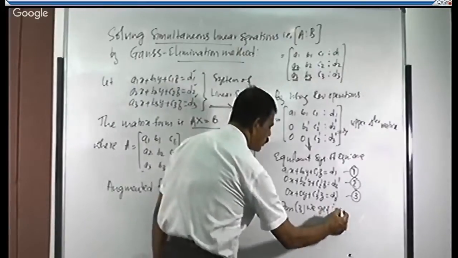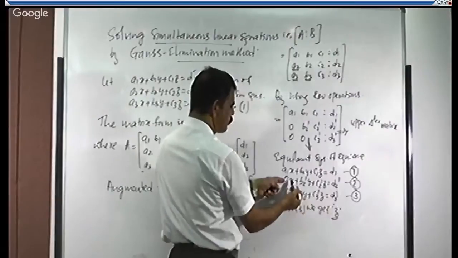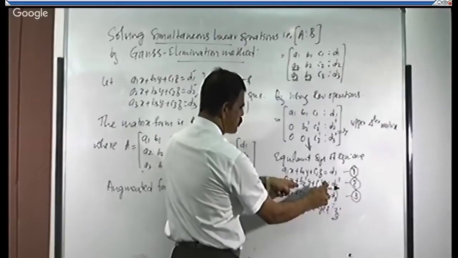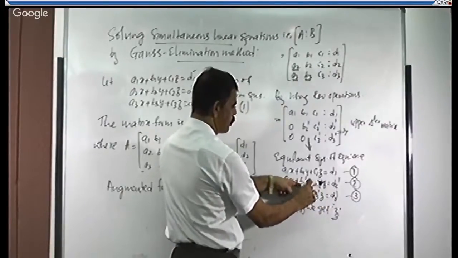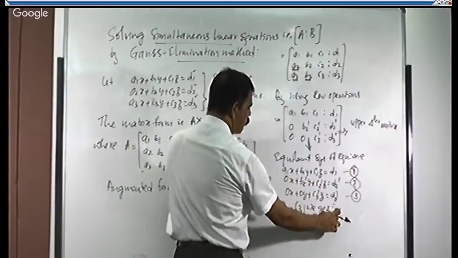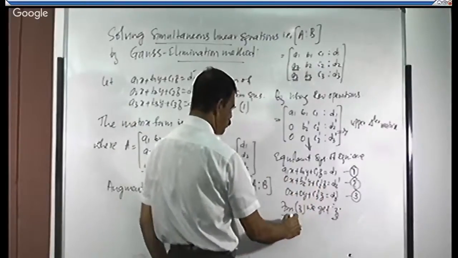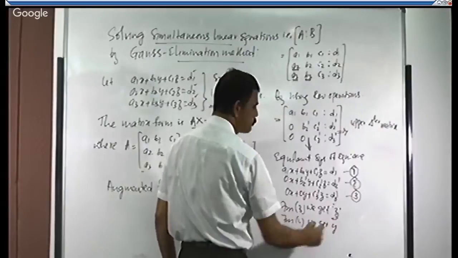After knowing z, if it is substituted in equation 2, only y will be unknown. That can be found, right? From the second equation, by substituting z, I can get the value of y.